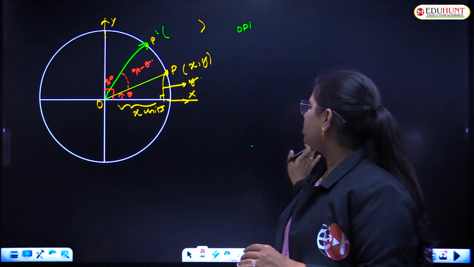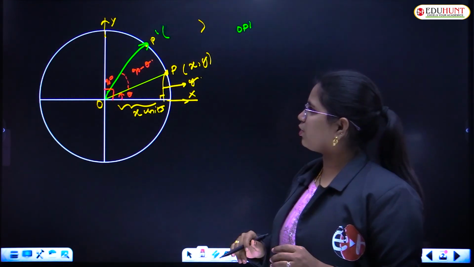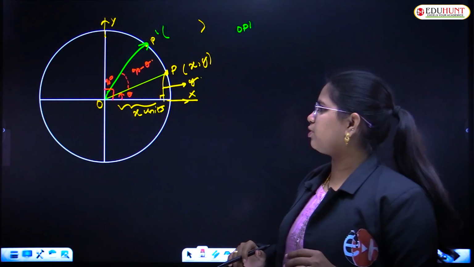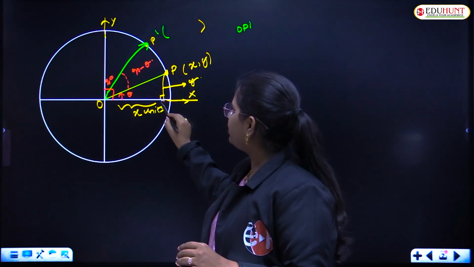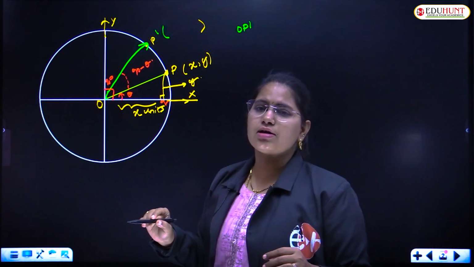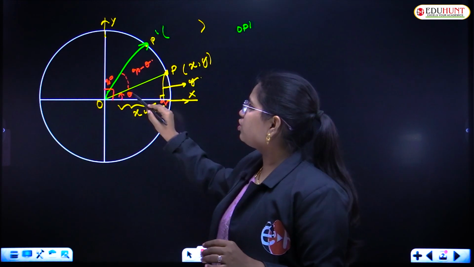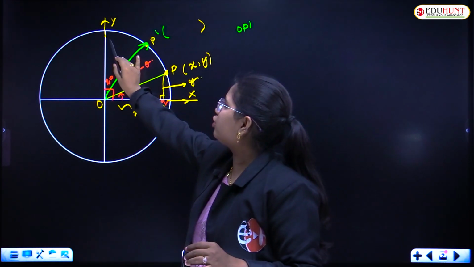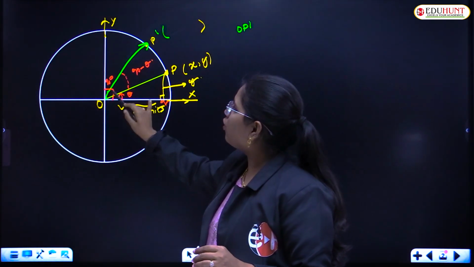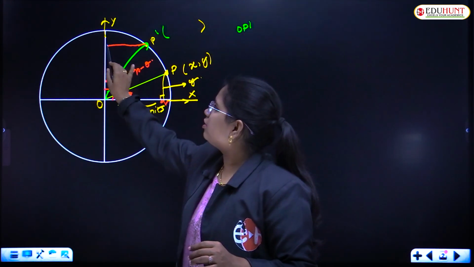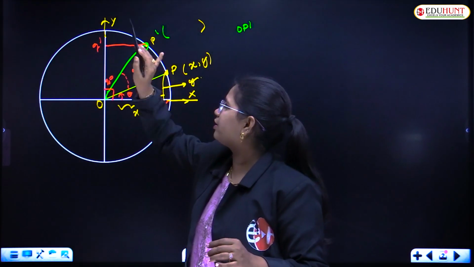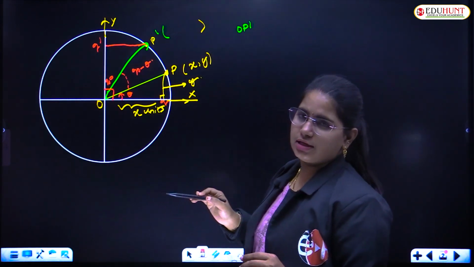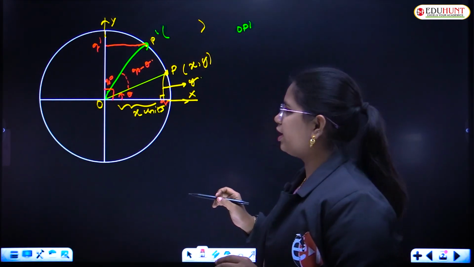Correct. So if you observe this properly, let me take this point as Q. Draw a perpendicular from OP dash to the y-axis and consider that point as Q dash.